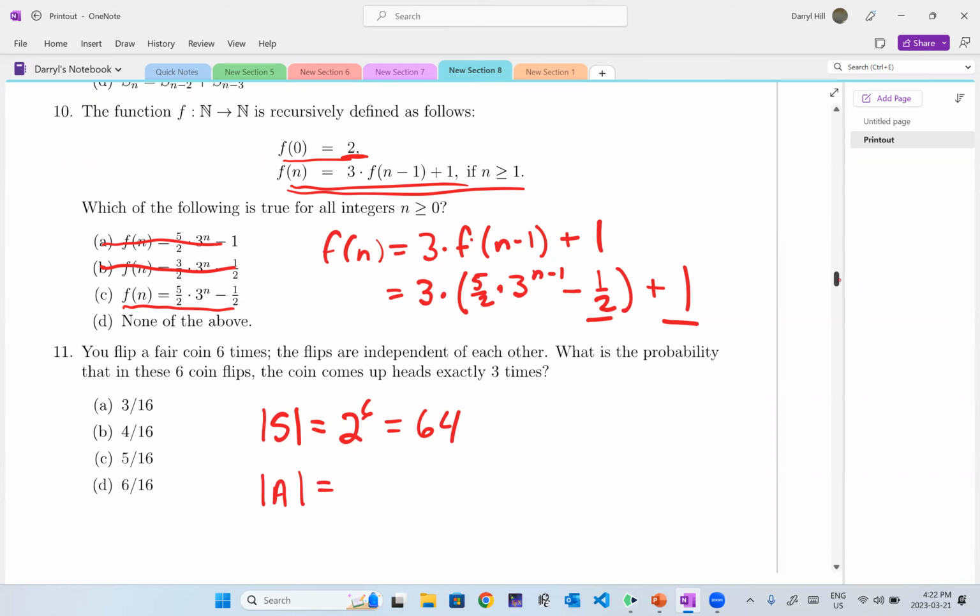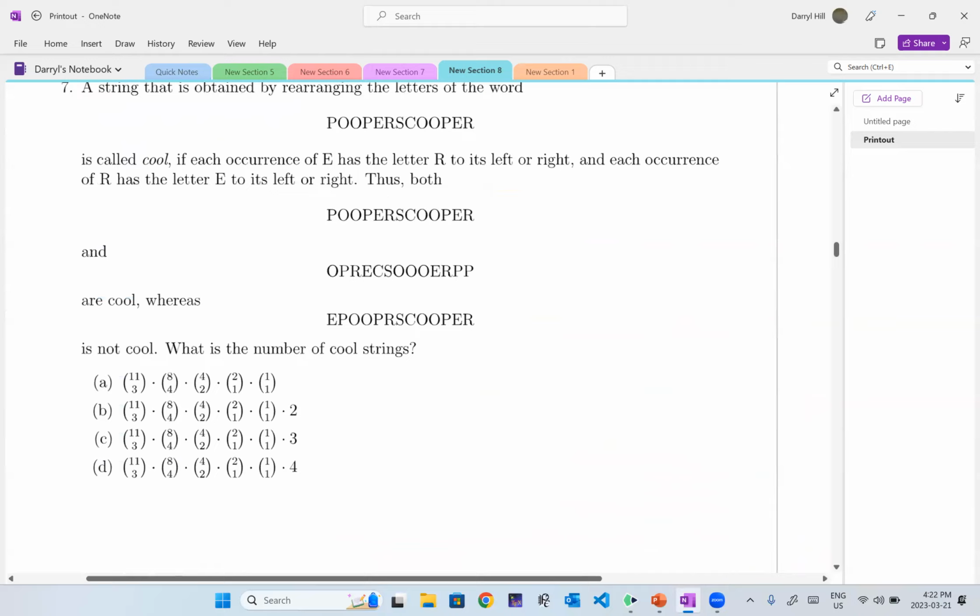Since it's a uniform probability space, I could just count how many ways out of 6 coin flips I can have 3 of them come up heads. How many ways is that? Yeah, so this is 6 choose 3. It looks like we're going to be simplifying a little bit.